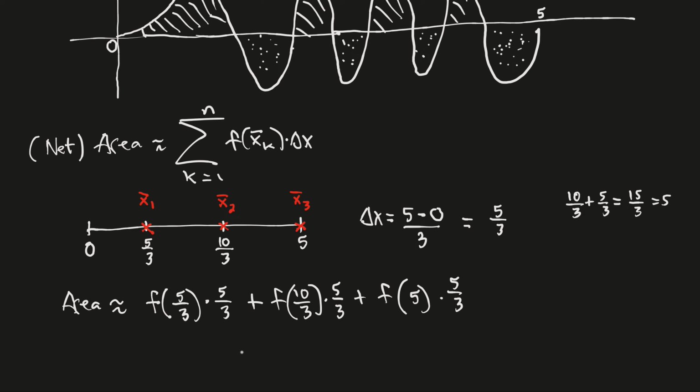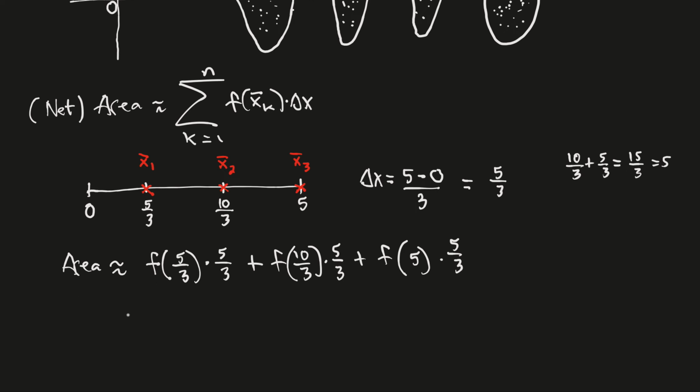Okay, so now let's actually plug stuff in. And now remember, the function is the sine of x squared. So it's going to be the sine of 5/3 squared, which is 25/9, times 5/3. Now you might say, do I need to continue writing 5/3 all the time? Well, remember, there is an alternative way that you can simplify not only what you write, but also the number of operations you perform.